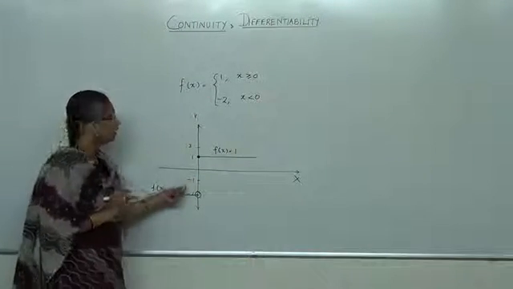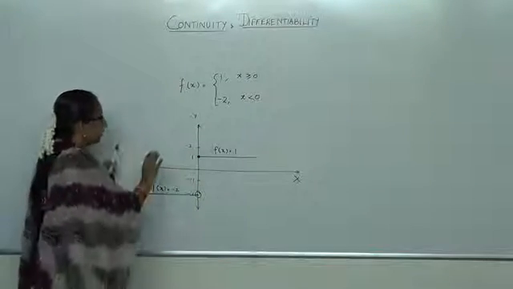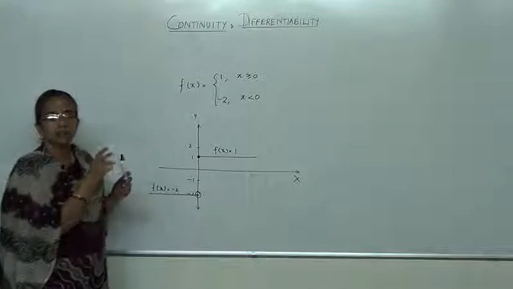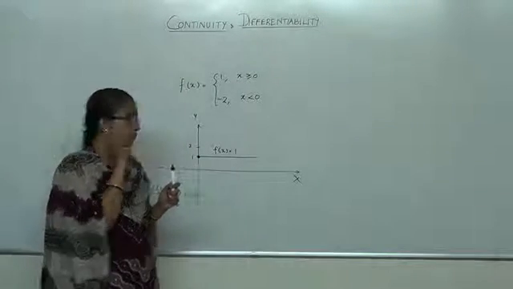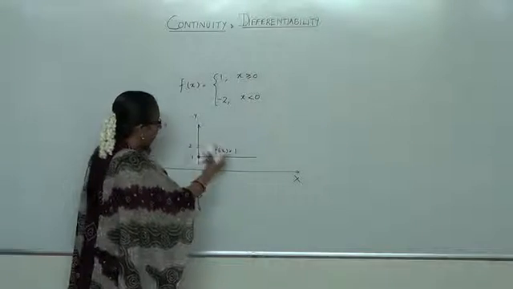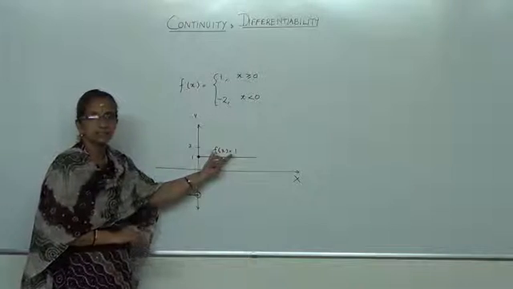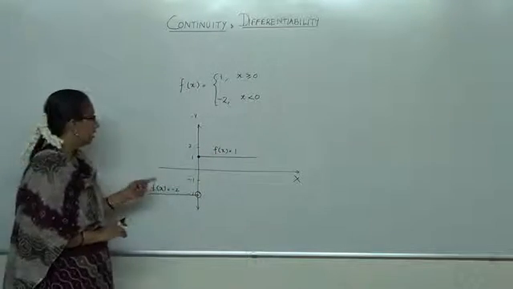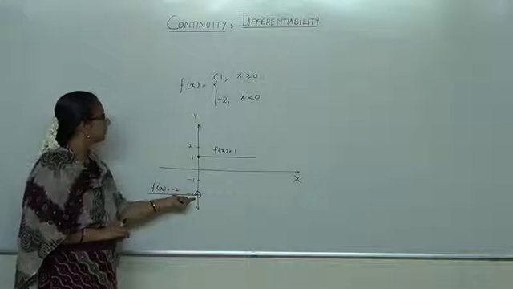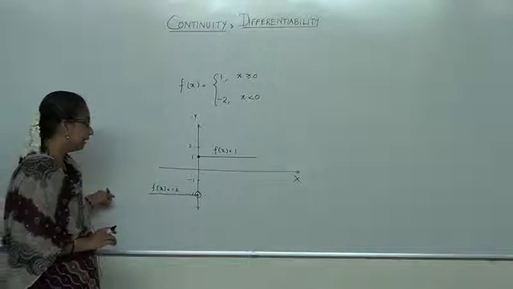So now what can you say about the right hand and the left hand limits of this function? For example, take the right hand limit at x is equal to 0. For all points greater than 0, the value of the function is equal to 1. For all points where x is less than 0, the value of the function is equal to minus 2.